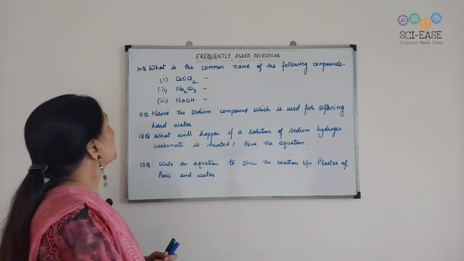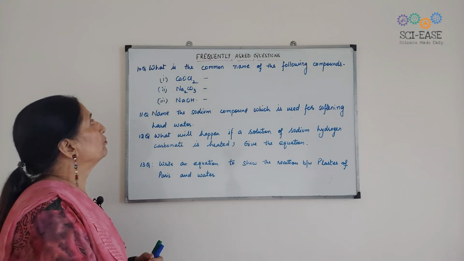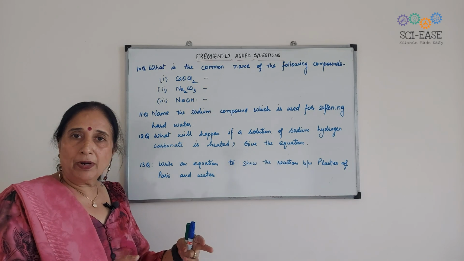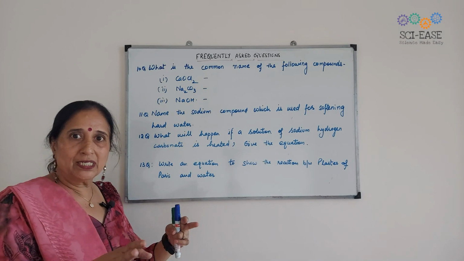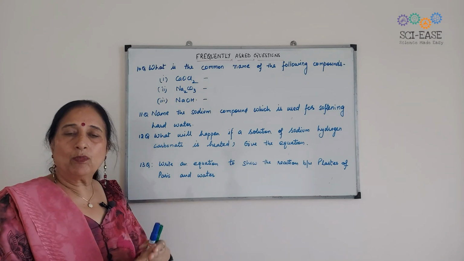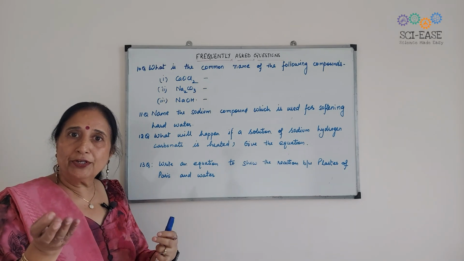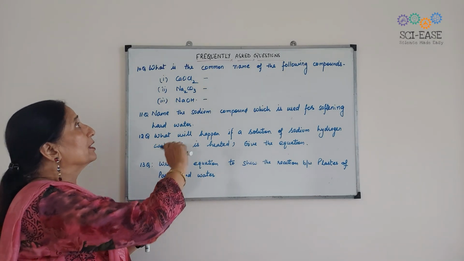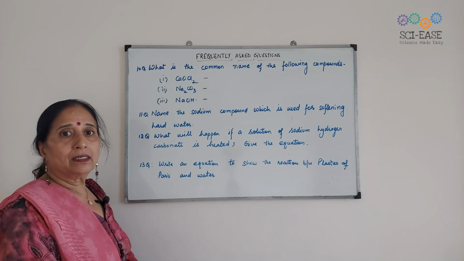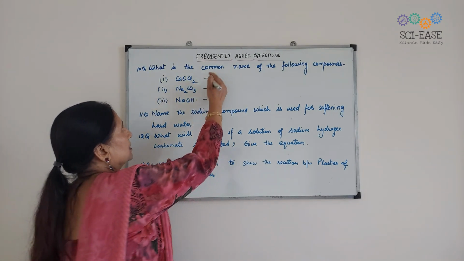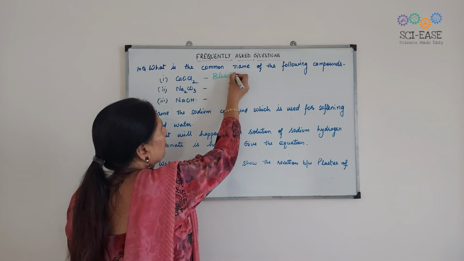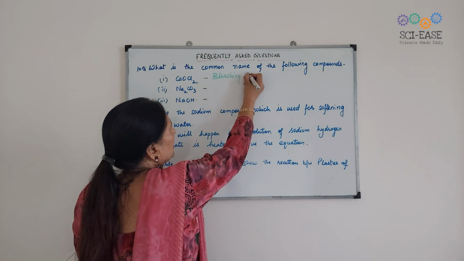Now the next question is, what is the common name of the following compounds? I have told you that there are 5 compounds in your syllabus. Their common name and chemical name or formulae should be on your tips. Here we are to give the common name. CaOCl2, what is that? That is bleaching powder.